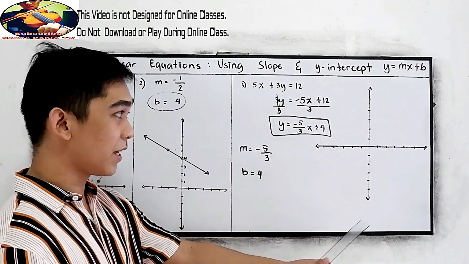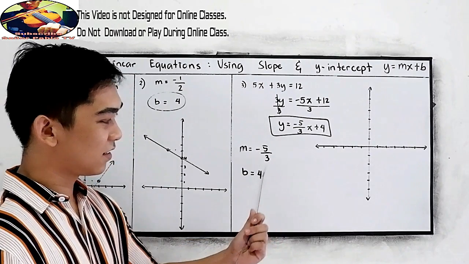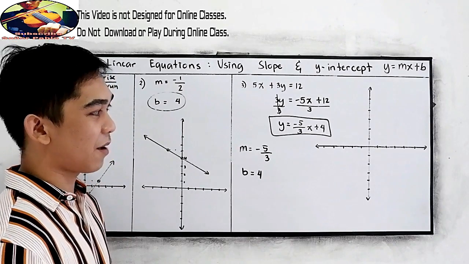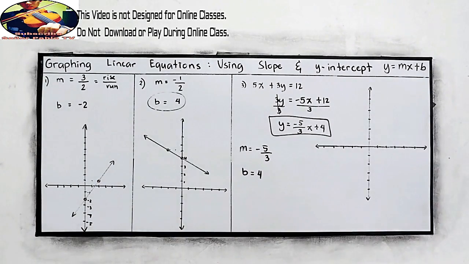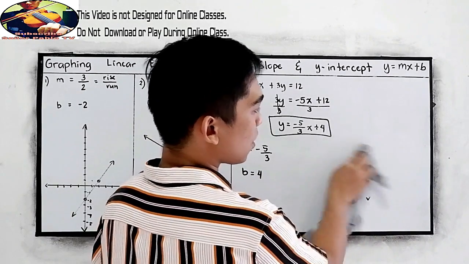In our Cartesian plane, let us locate our y-intercept. So, let me adjust our rectangular coordinate system.